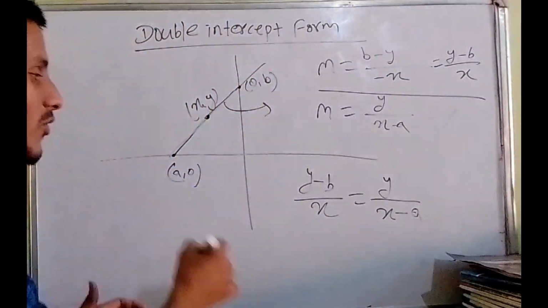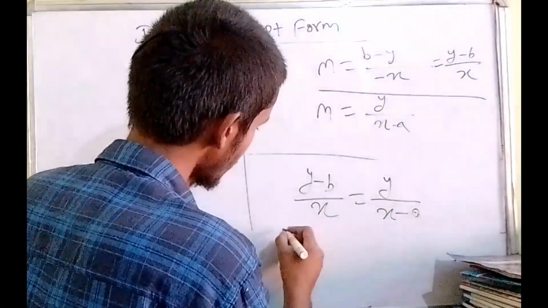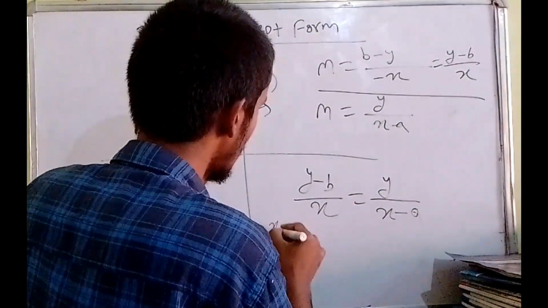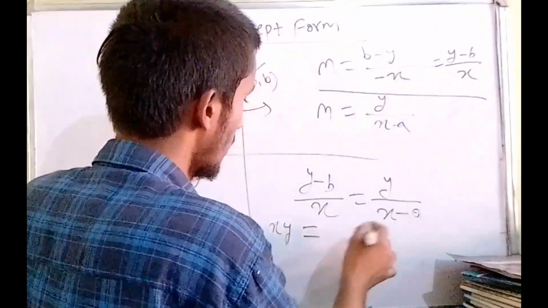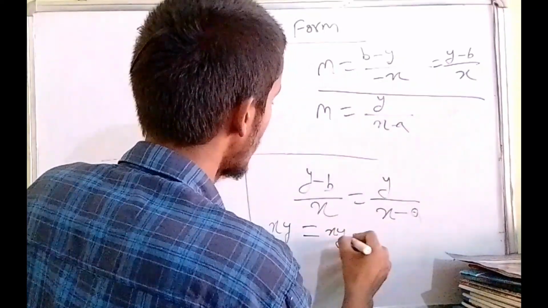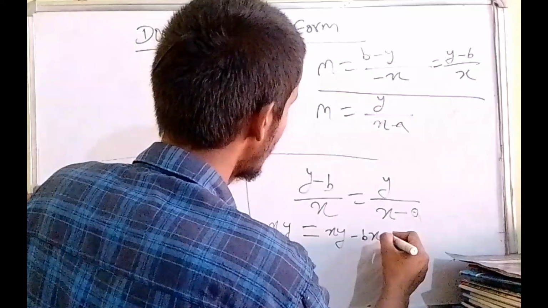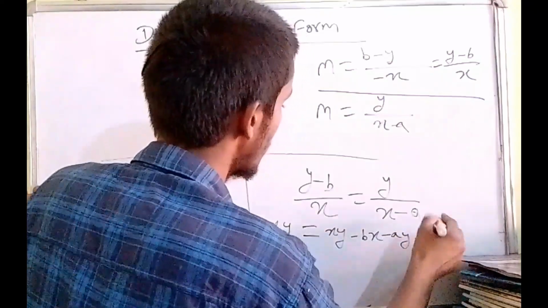If you solve this a little, do the cross multiplication. This will be xy is equal to, let's multiply these two, xy minus bx, then multiplying by minus a, minus ay plus ab.